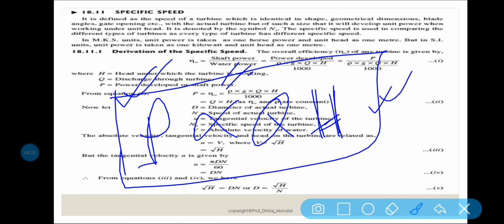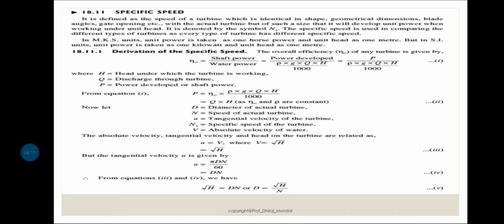Now I have to replace this Q with some different terms. Let us see.